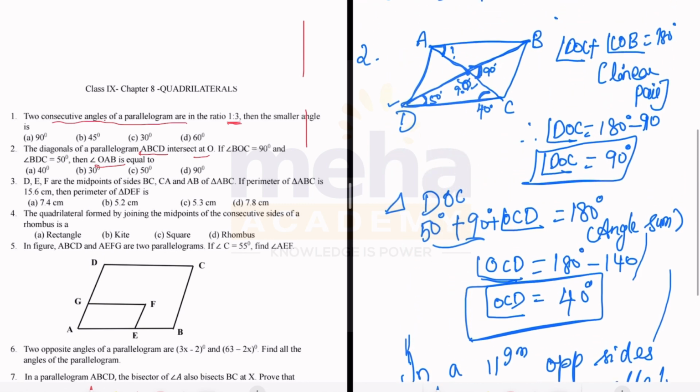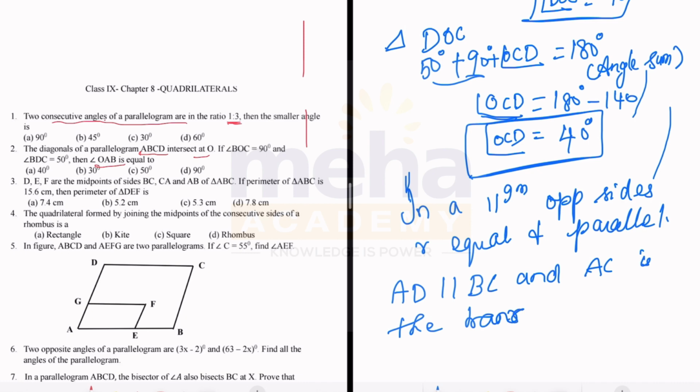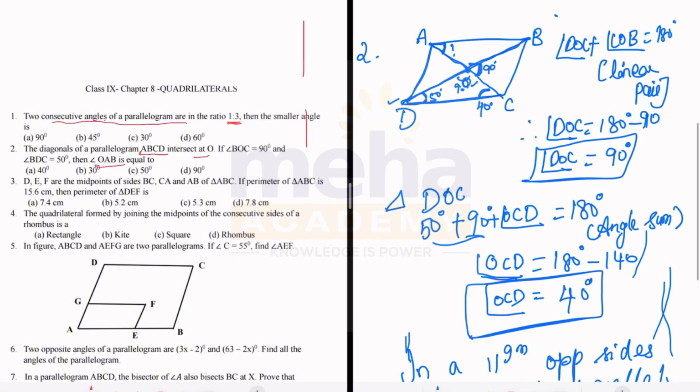So here we will say side AD is parallel to BC and AC is the transversal line. So just let us go back to the picture. You see AD and BC are parallel lines such that AC is the transversal line.